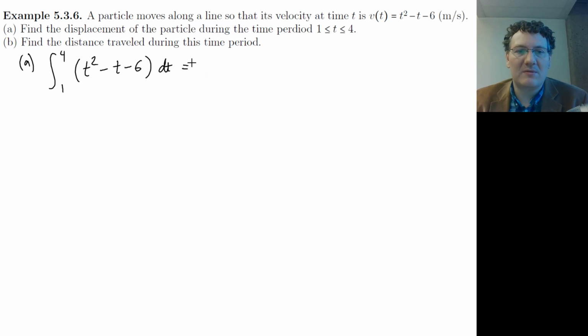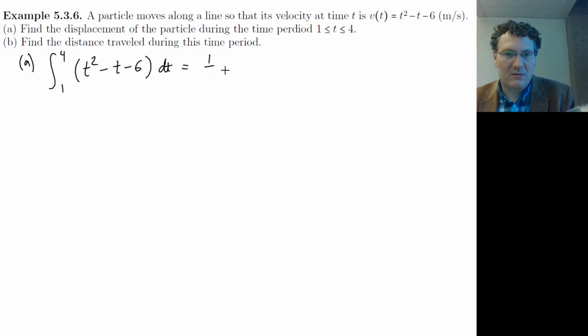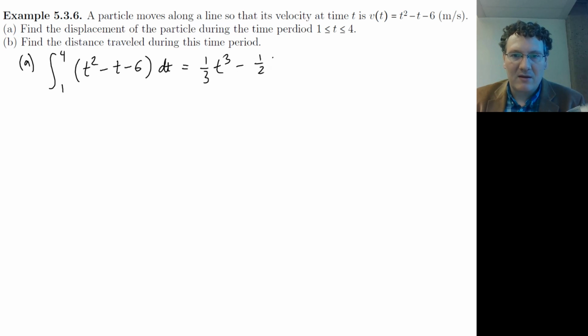So this is going to be 1/3 t to the third, minus 1/2 t squared, minus 6t. And we're going to evaluate that from bounds 1 to 4.